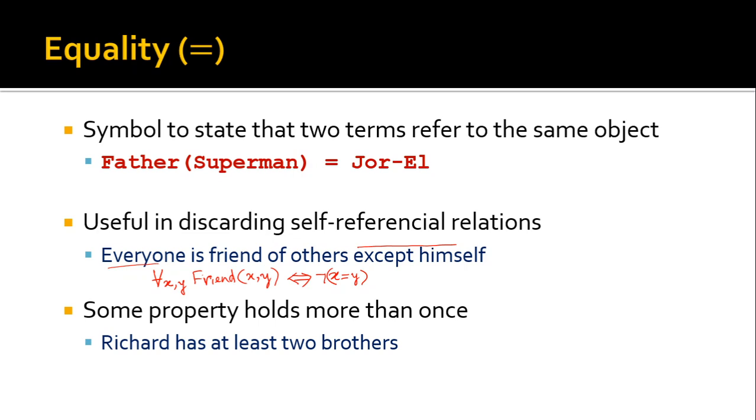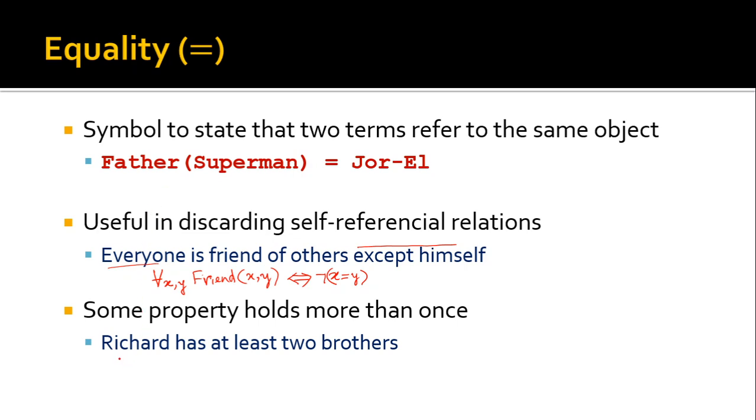Now there is another situation where we make use of this equality, when we want to have some property to be held more than once, right? So for example, Richard has at least two brothers. So how do we write that? So first let us try to model that Richard has two brothers, right?